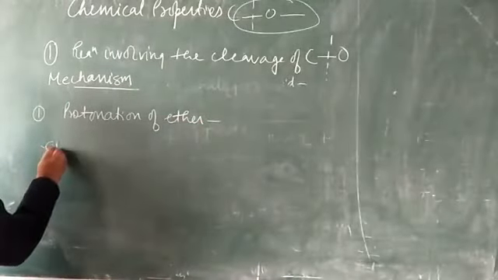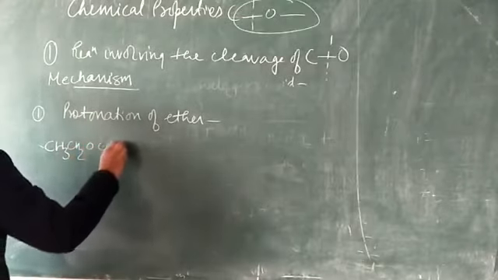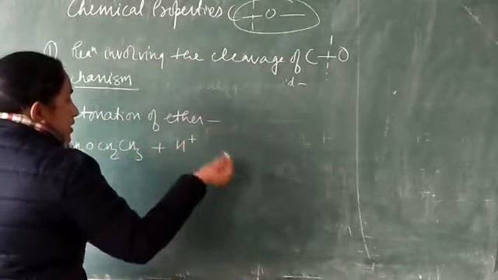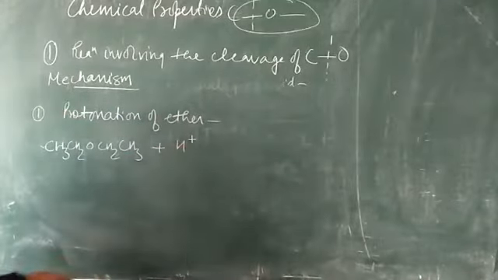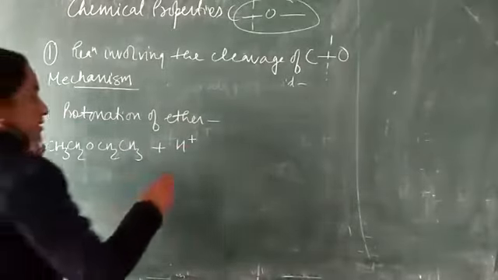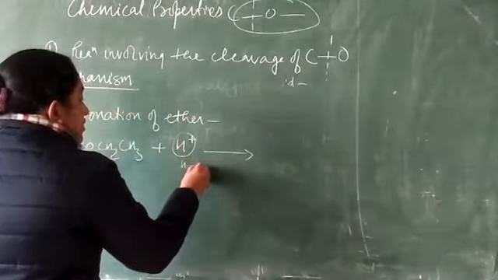So here I have taken CH3CH2OCH2CH3. This is the protonation, and it is understood how it is going to take place. We have HI, which is giving the H plus.